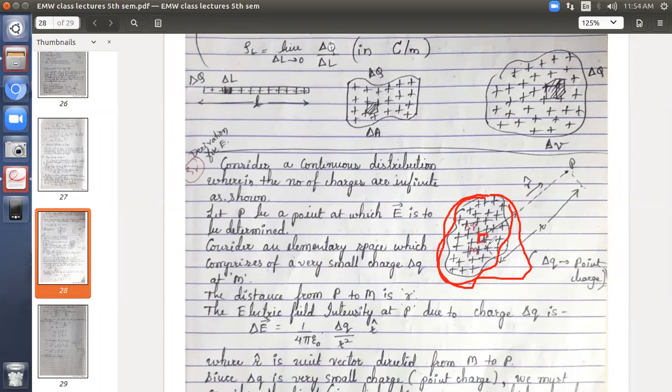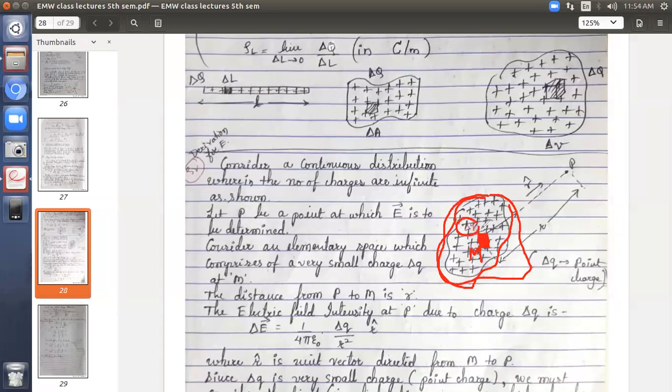In this, a small portion I have considered, say point M. M is the point I have considered. And what is the amount of charge that exists here?